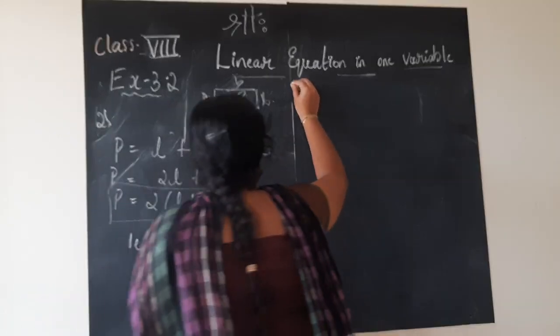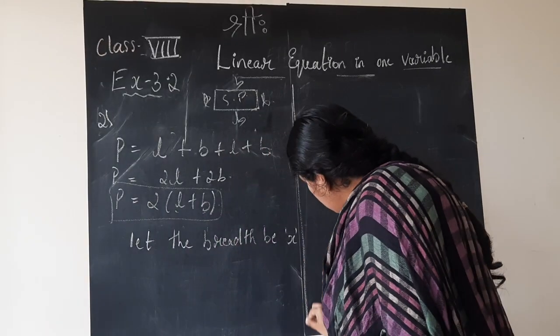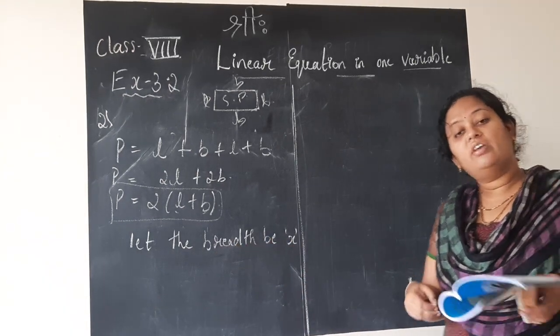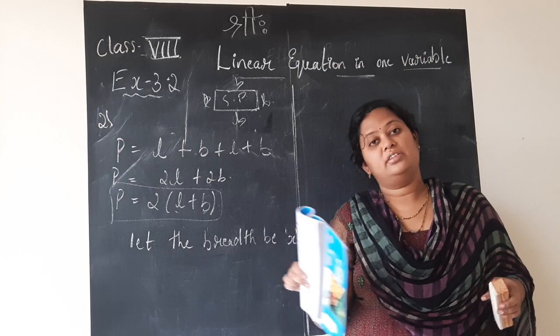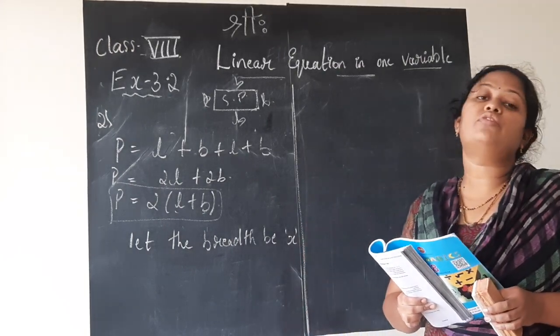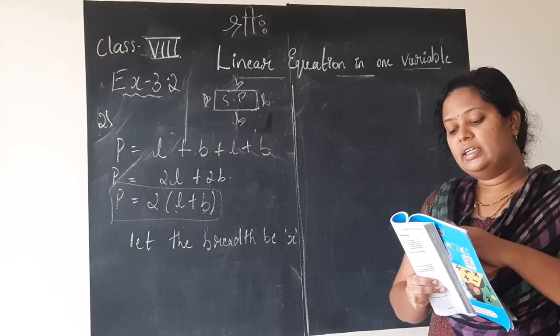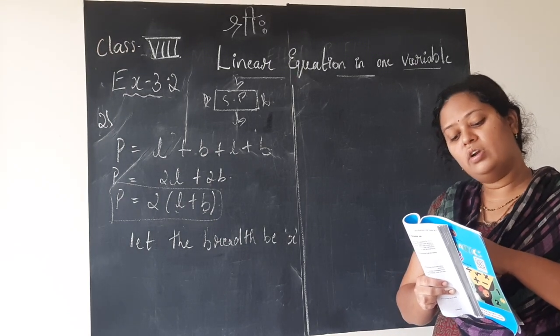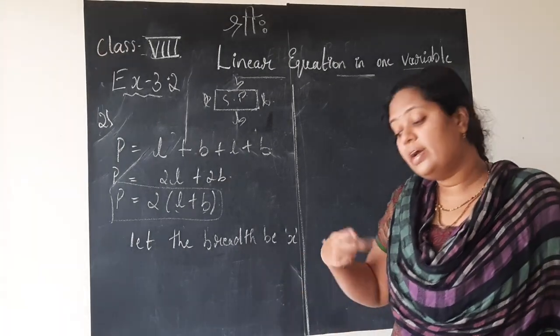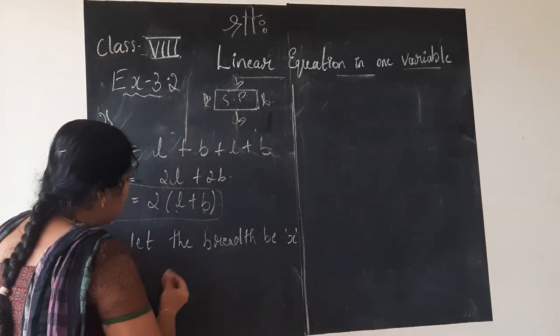You may question why can't we choose let the length be x? We cannot, children, because they have given length in terms of its breadth. Length is 2 meter more than twice its breadth. So breadth be x, twice its breadth means it is 2x.